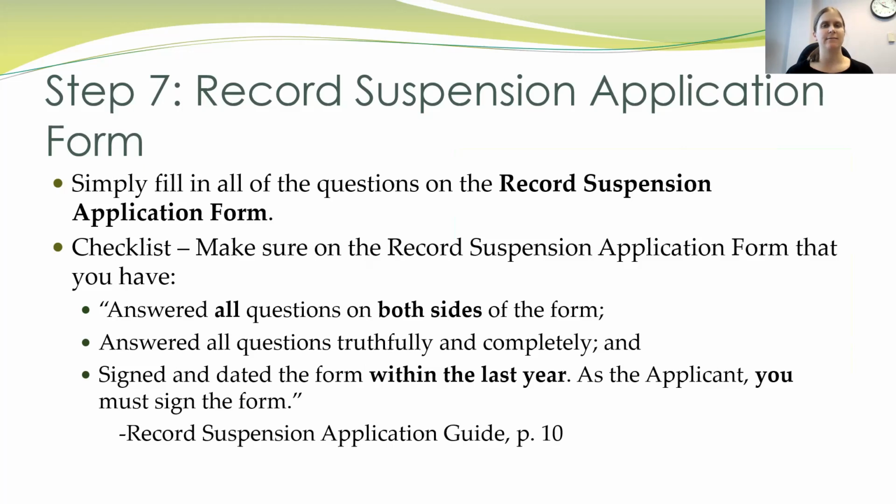They let you know everything that you need to include in your letter, updating them of your new mailing address, because the Parole Board of Canada needs to be able to contact you. Also, even if you're granted a record suspension, you still need to let the Parole Board of Canada know your new address. So this is done on an ongoing basis. And you'll see all that information on page 10 of the record suspension application guide.